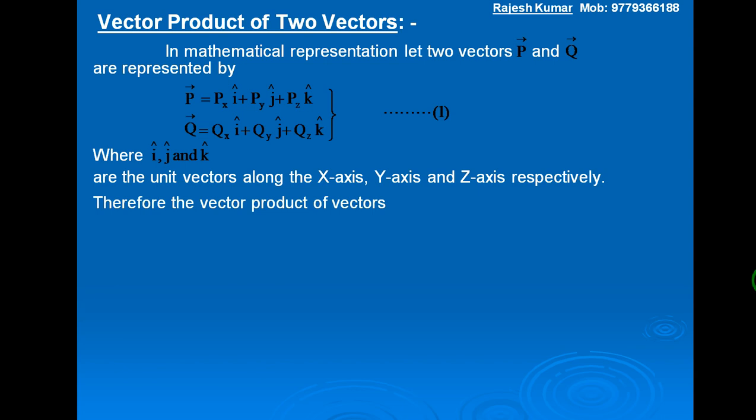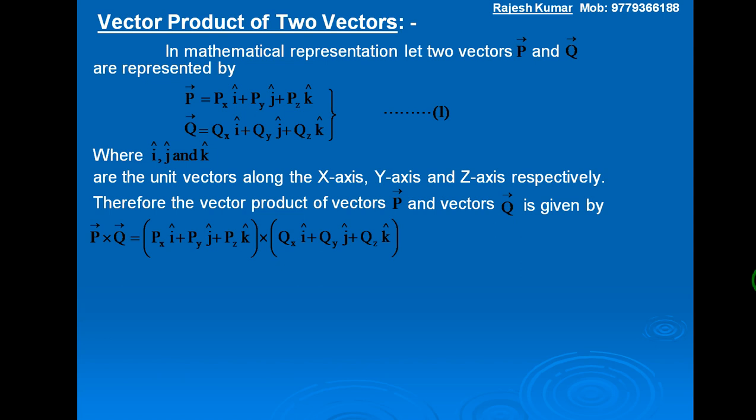Therefore, the vector product of vector P and vector Q is given by P vector cross Q vector is equal to, putting the value of P vector, (Px i cap plus Py j cap plus Pz k cap) cross (Qx i cap plus Qy j cap plus Qz k cap). Now, because the cross product obeys the distributive law, we can use it to open the bracket.